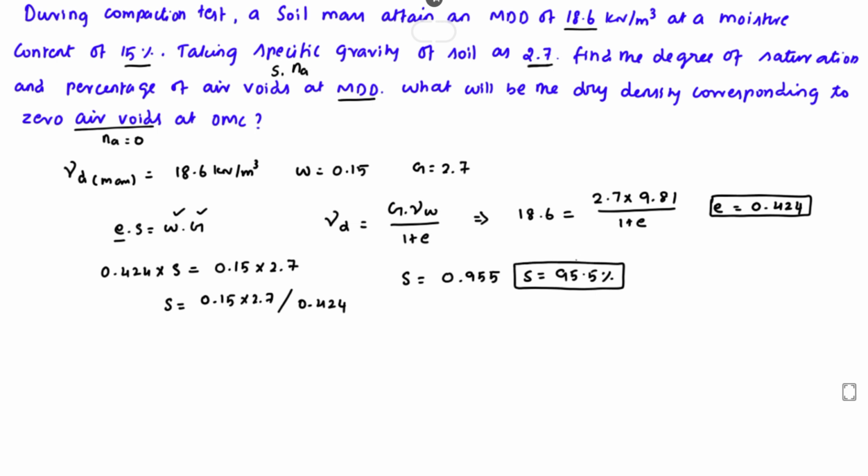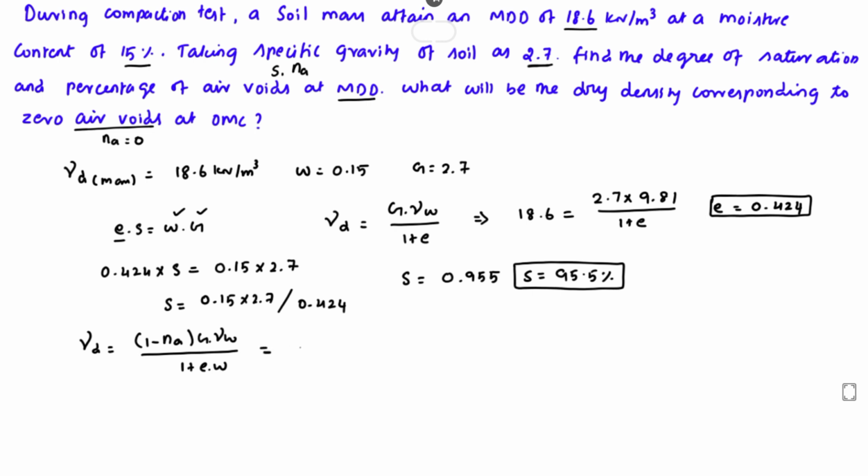Okay, next we can find out the Na value. Gamma d equals (1 minus Na) into G into gamma w divided by (1 plus G into w). We know the formula, so now we can substitute all the values.